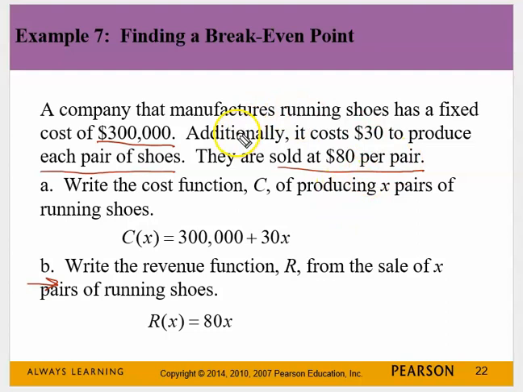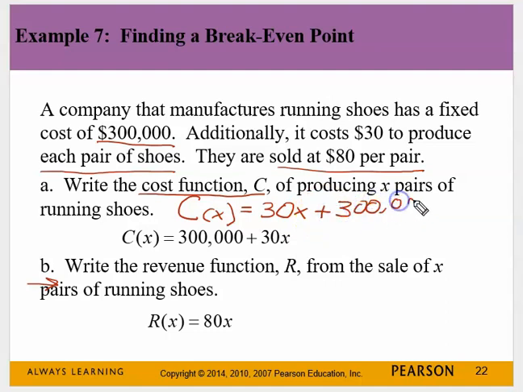This gives rise to two functions, and take some notes on this. Now we have a cost function, which we're going to use C, and we say the cost C of x is equal to, I like putting this in the beginning here, 30x. That is $30 for each pair of shoes, cost of production, plus the fixed cost of $300,000.